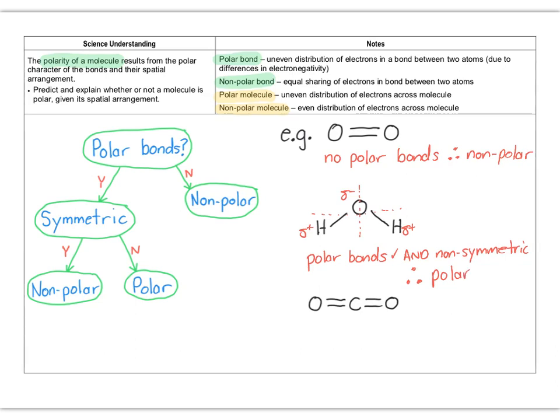Carbon dioxide. Does it have polar bonds? Yes, it does. The oxygen is more electronegative than the carbon, so it does have polar bonds. Is it symmetric? Well, if we cut it in half that way, it's the same at the top and bottom. It is symmetric. If we cut it that way, it's the same in that direction. Plane of the page was the same. So here, all these polar bonds, if you like, are cancelling out. So overall, it will be non-polar.